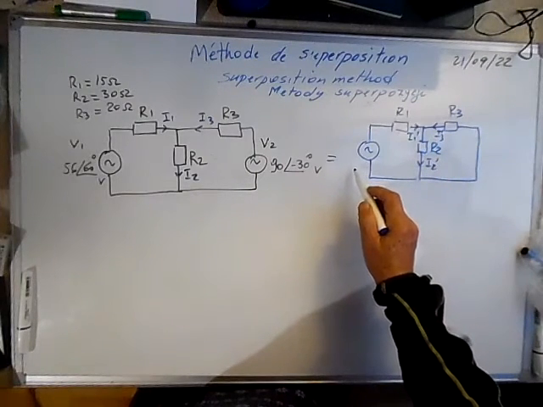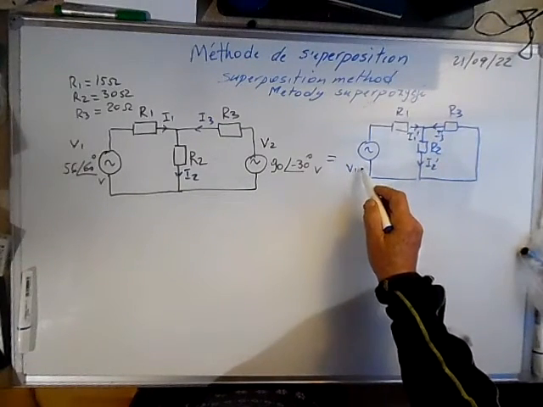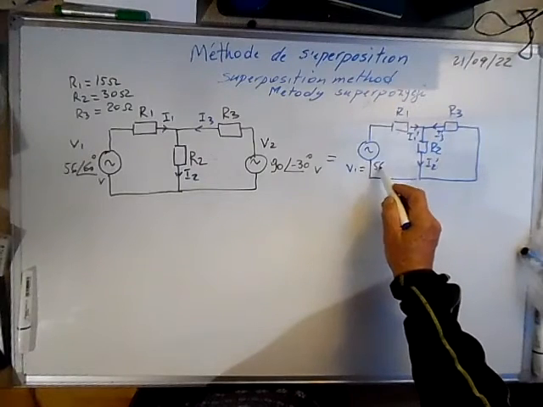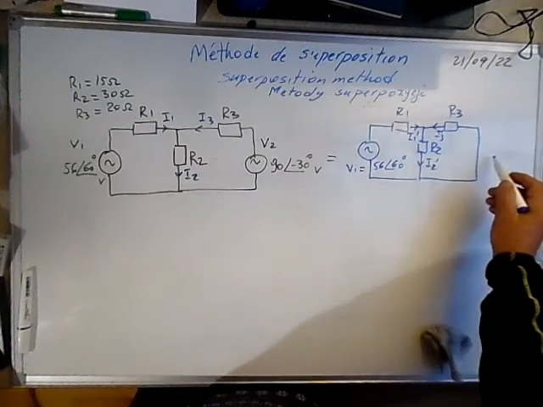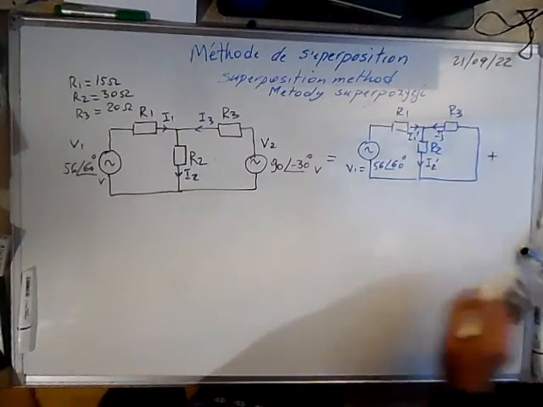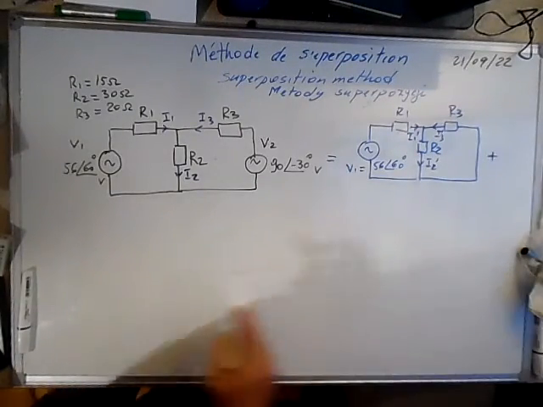Here is the source voltage V1 in volts, 56 at 60 degrees. And the second circuit is the second source.